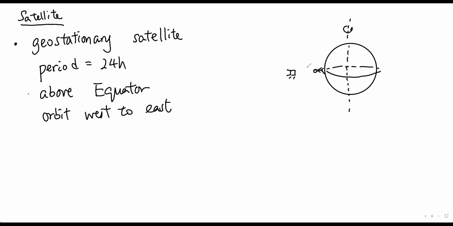From west to east means it follows the same rotational direction as the Earth. And the last one is they have only one particular orbit.